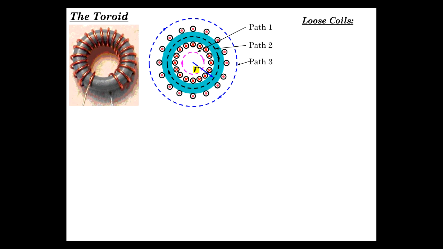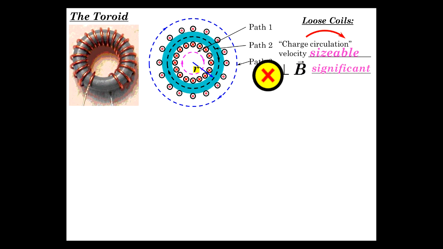If the coils are loose, namely separated by a lot, it won't take long for the drift velocity to cause those charges to move around, and so you have a significant charge circulation velocity. Based on that, we have a perpendicular B field that's not negligible. It's significant, or can be, and into the page. Again, grab that with your right hand in the direction of charge circulation.